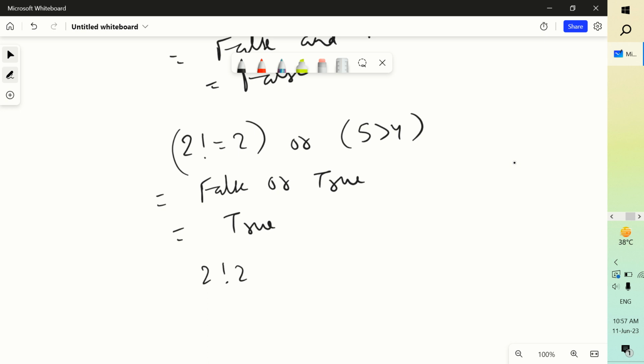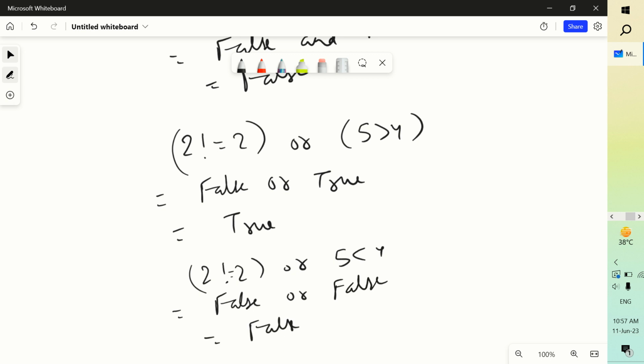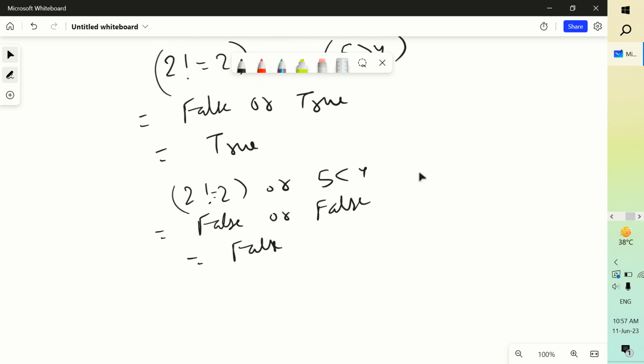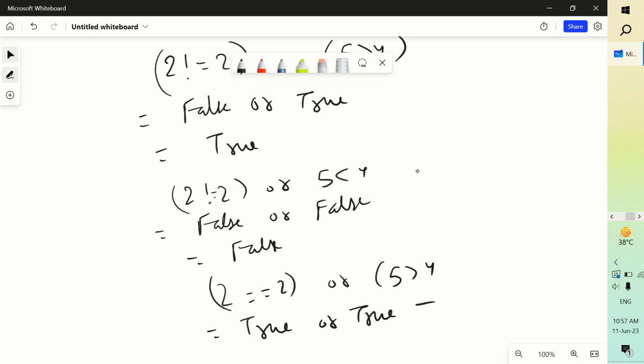And now if I write 2 not equals to 2, or 5 is less than 4, so this becomes false, or 5 is less than 4 is false. So this will give false. Okay? And if both are true, 2 is equals to 2, or 5 is greater than 4, so this is true or true, so this will give true.